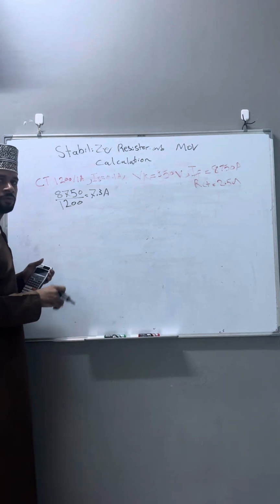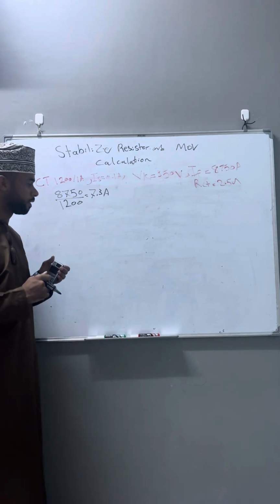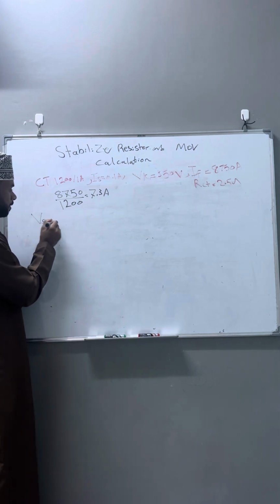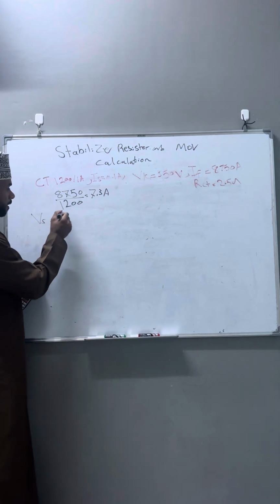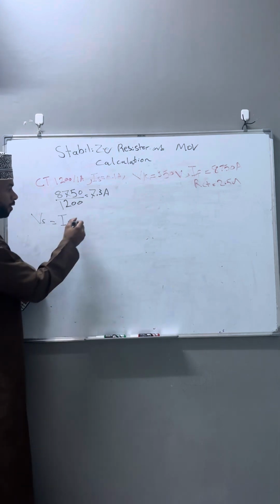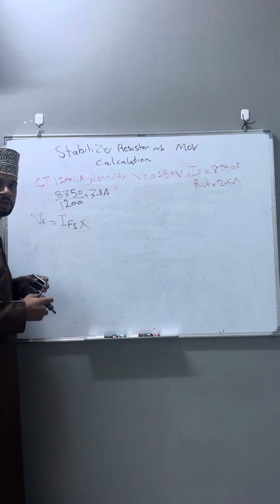Okay. Now we will calculate the voltage through the fault. The voltage through the fault, Vs, will be equal to I fault secondary multiplied by the resistance connected to the CT secondary.